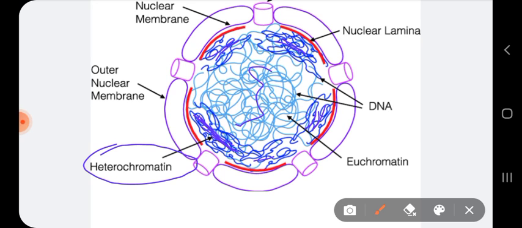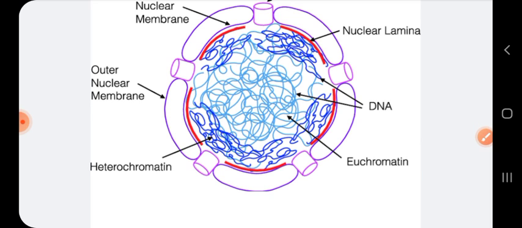Whereas the euchromatin regions are diffused regions of chromatin, and here active DNA synthesis, replication and transcription are observed. Here the histones are not tightly associated with the chromatin, but in the heterochromatin regions they are tightly associated. That's why they are inactive regions.